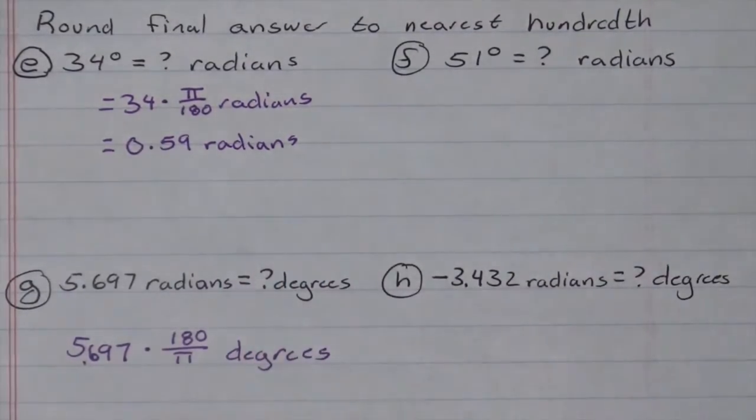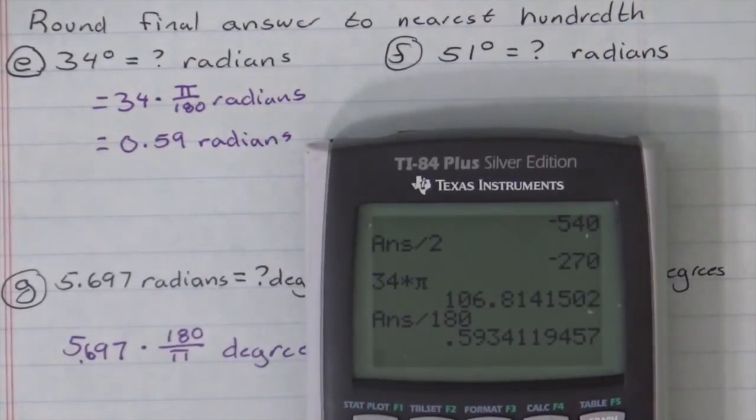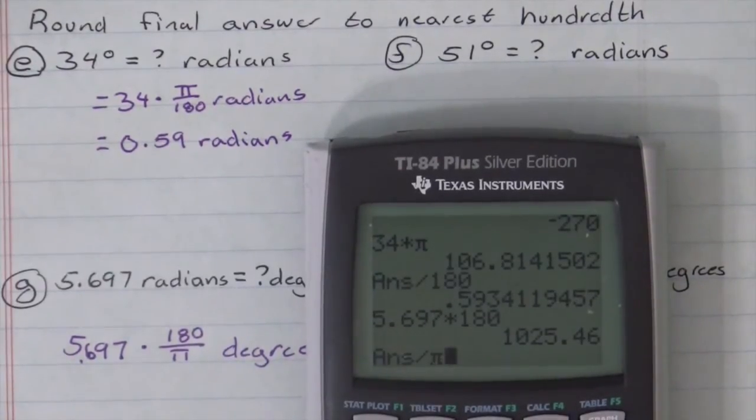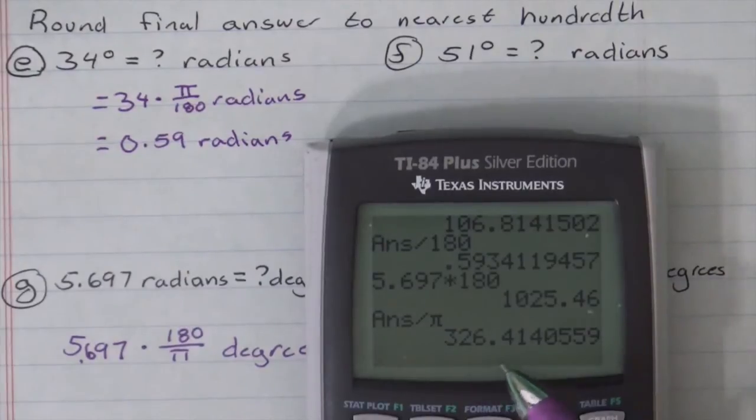So let's do this with our calculator. 5.697, multiply that by 180, divide it by pi, and we get 326.414 and so on.